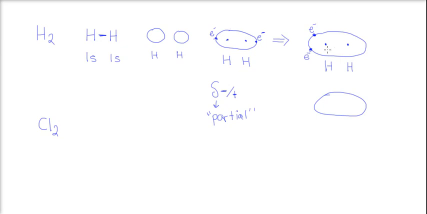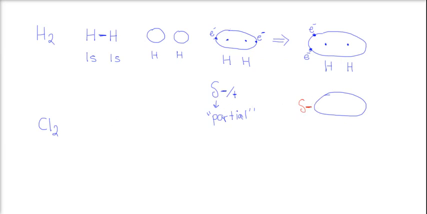If the electrons are on one side of the molecule, this end of the molecule is going to become partially negative. It's only partial because it isn't a full negative charge. It simply means that the electrons are more concentrated in this area of the molecule.